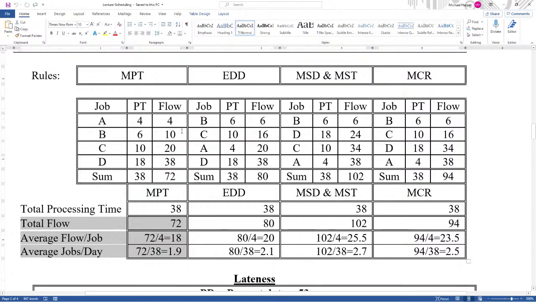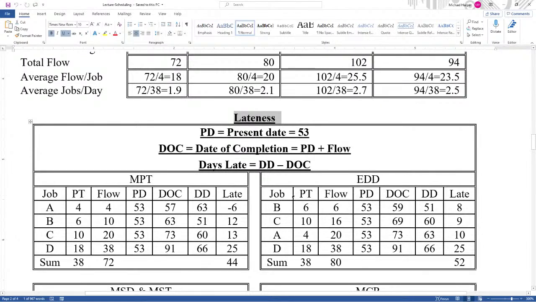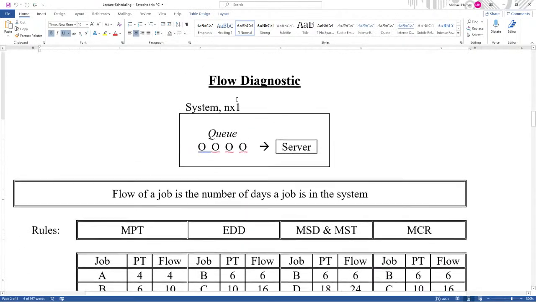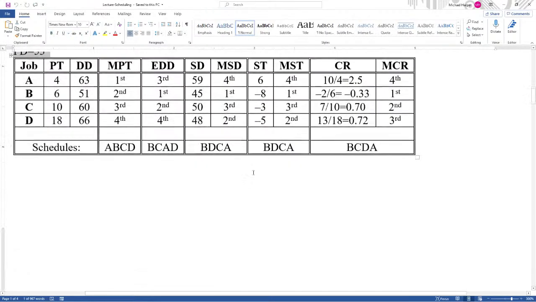So there's another property. Okay, closely related to flow is something called lateness of a schedule. How many jobs are late and how much lateness do you have in a schedule? So here's the development. The present date is date 53 from above. See up here, the present date up here is 53, using these same numbers.